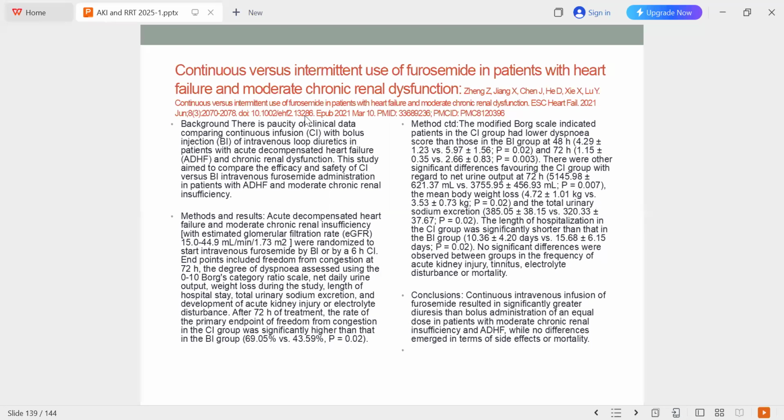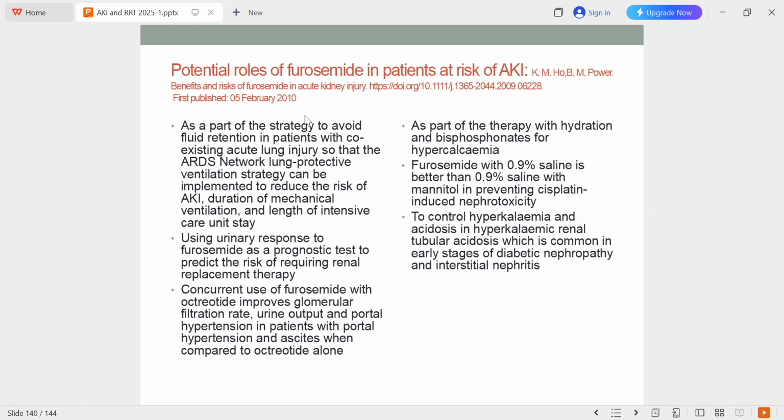So in ICU, most of the time I prefer continuous use of furosemide, maybe 2 milligrams per hour, all right, as a continuous infusion because it leads to sustained diuresis, especially in patients with oliguric AKI.